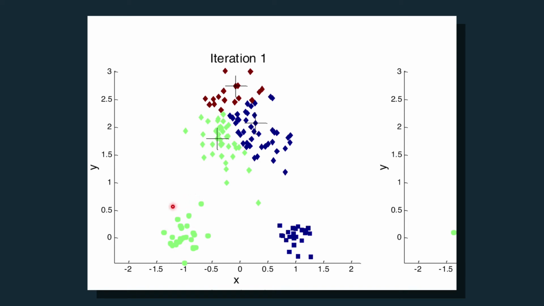These are the true classes: circles are one class, diamonds are one class, and squares are another class. Once I assign these points to each centroid, let's look at what happens. Since all of these green points are now closest to this point and are assigned to it, the average of all of these points cannot be here. Think of it like a center of gravity. So the new centroid position has to move to somewhere like here. Likewise, this one has to move somewhere here. This may stay more or less the same at the first iteration.